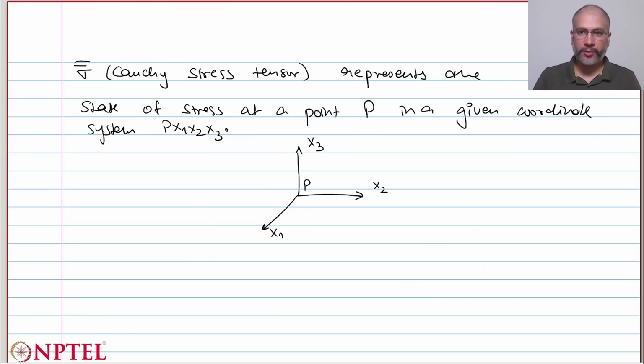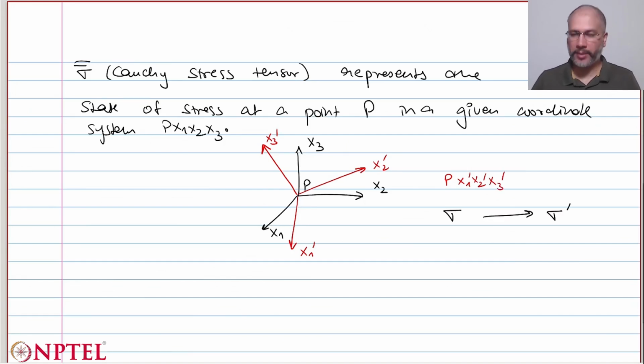Now if I transform my coordinate system, that is, I give it an orthogonal transformation like a rotation to get a new coordinate system which is given as P x1 prime, x2 prime and x3 prime, then sigma will transform into a sigma prime, in the sense that the 9 components of sigma will change to new 9 components of sigma prime, and that is called a stress transformation.